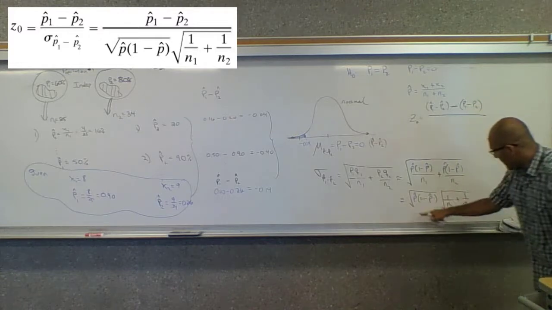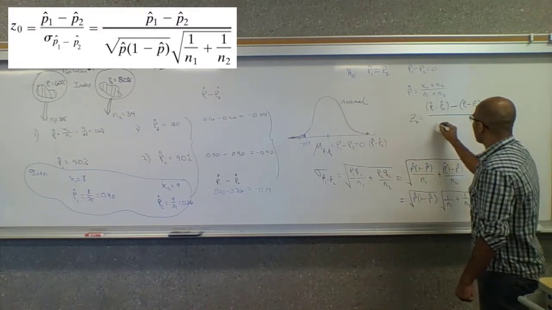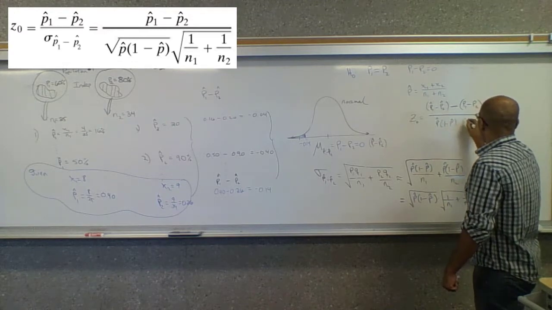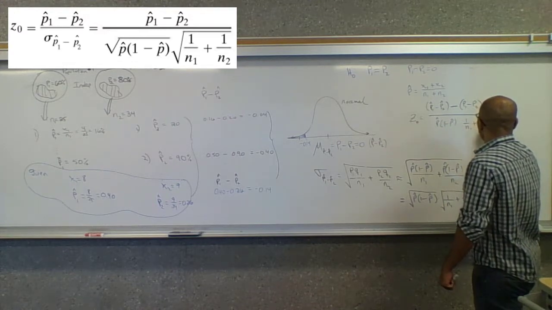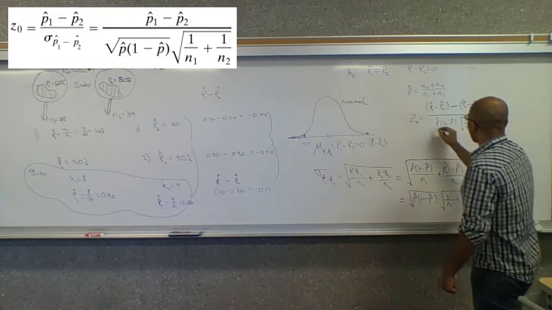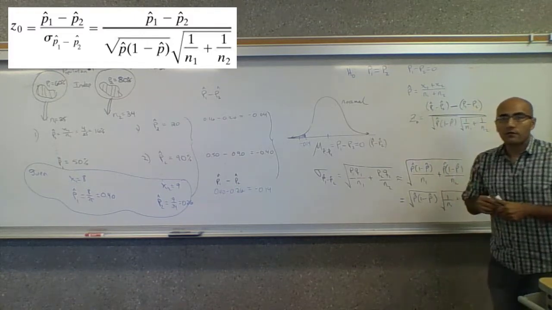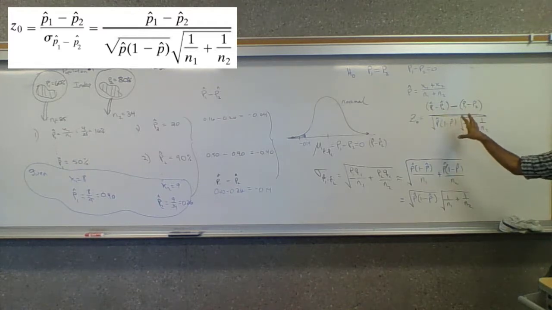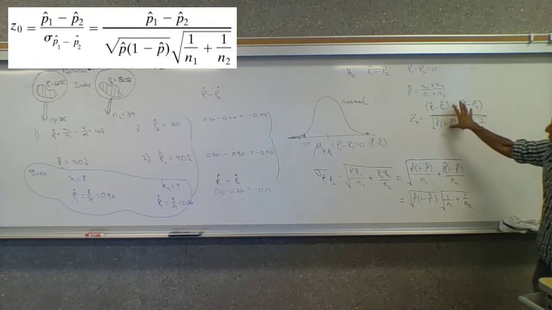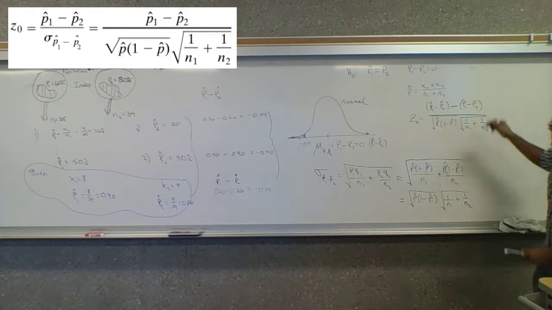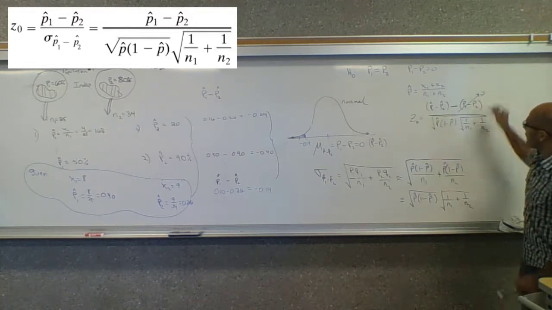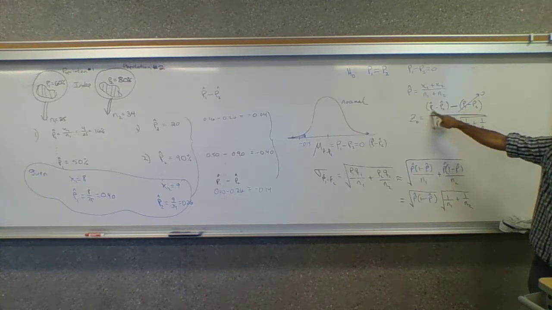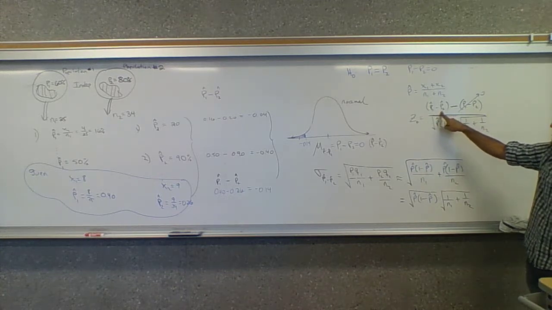Divided by this thing, which is going to be equal to the square root of p hat times 1 minus p hat, times 1 over n sub 1 plus 1 over n sub 2. Okay? So this is the formula that's given to you. You don't have to memorize this, but when it comes time to do the actual problem, boom, you go right to this guy. And this is easy. This is just going to be a 0. Easy. This is our proportion from the first sample, our proportion from the second population.